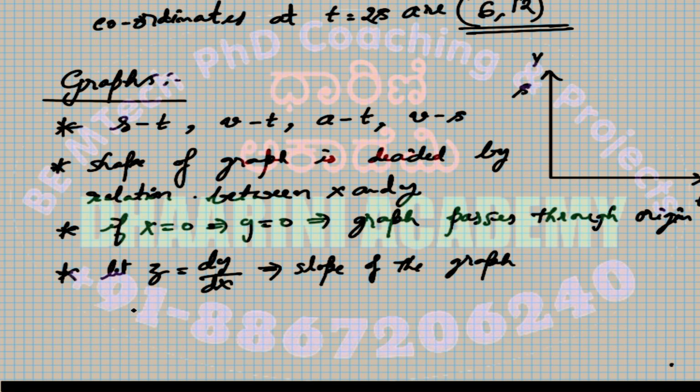This means, for example, if I'm having the graph as an st graph, displacement versus time, this is an example. If I'm considering the st graph, what is ds by dt? The ds by dt is nothing but velocity. You can find the velocity. Slope of the st graph gives you velocity.